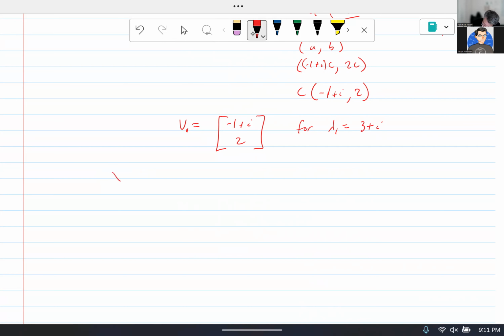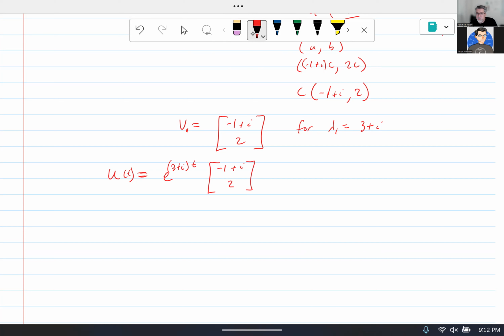And we go back to, well, what's x sub 1 in this case? Not x sub 1. Let's call this u sub 1, or u of t. Then this is going to be e to the (3 plus i) times t, times my eigenvector of -1 plus i and 2.